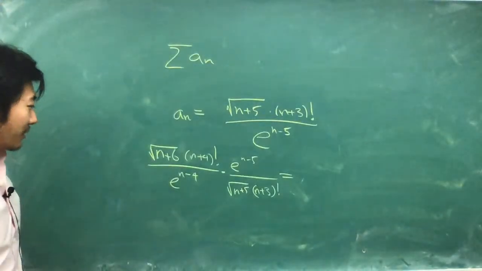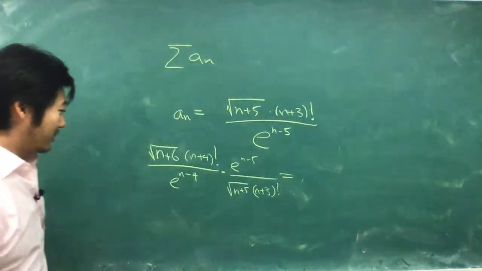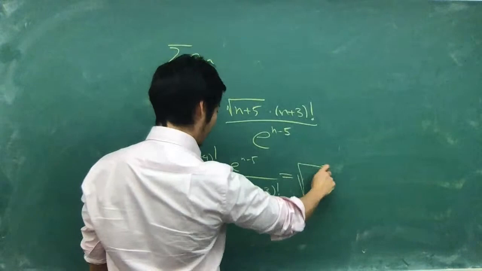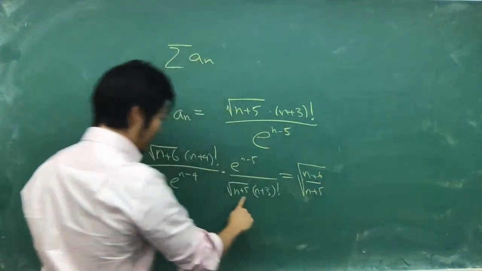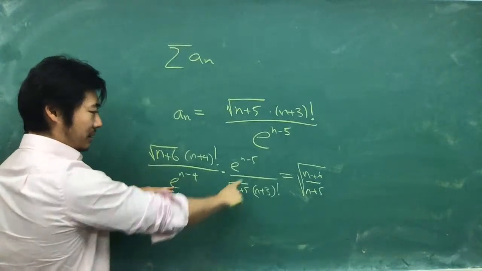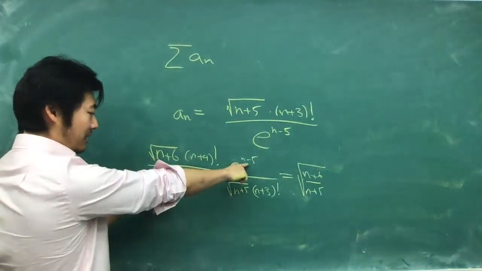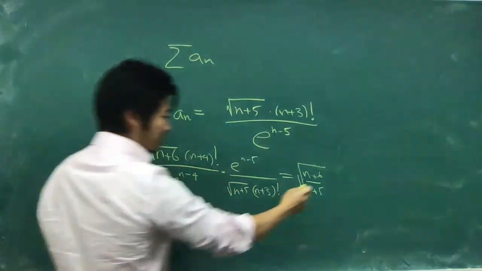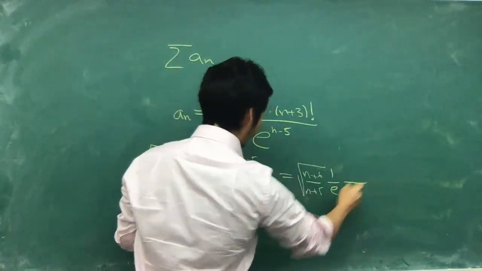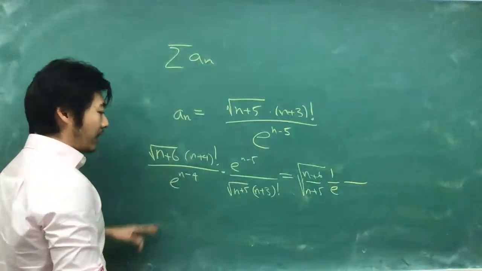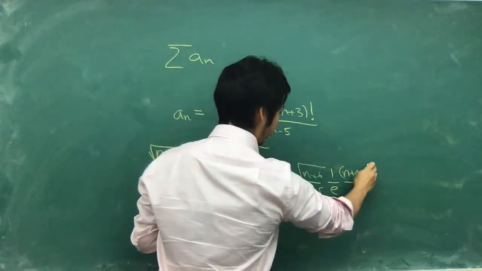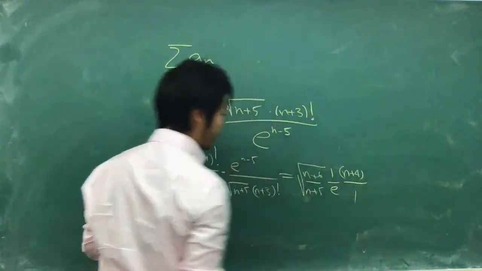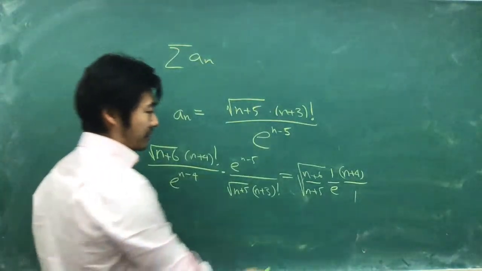And so this is going to be square root of n plus 6 over n plus 5. You always want to rearrange the like terms. So e to the n minus 5 over e to the n minus 4 leaves 1 over e on the bottom. And then this is going to be n plus 4 on the top, and so this goes to infinity.